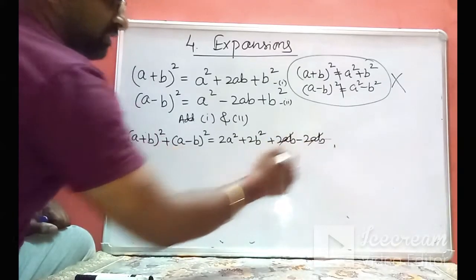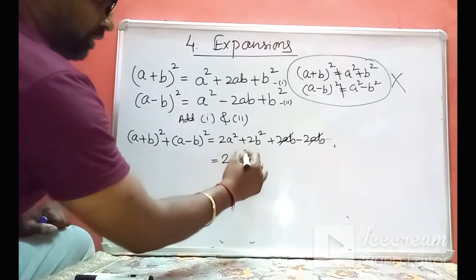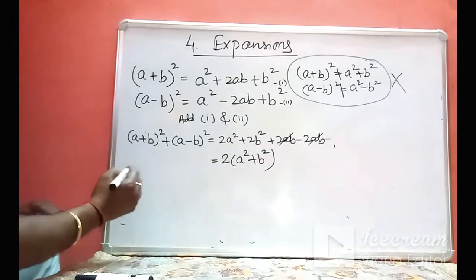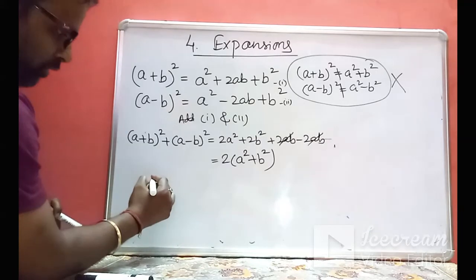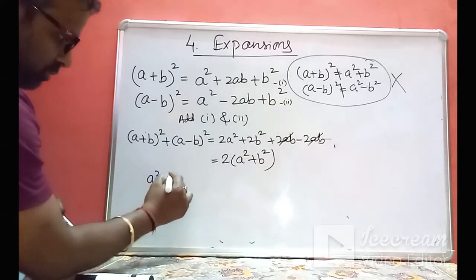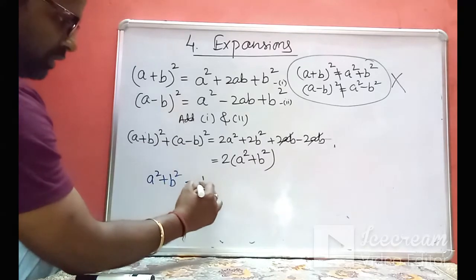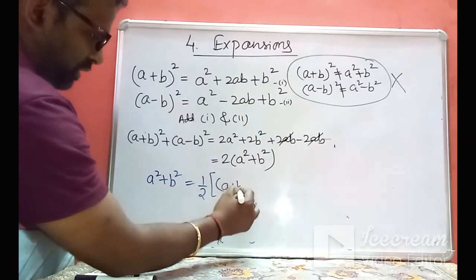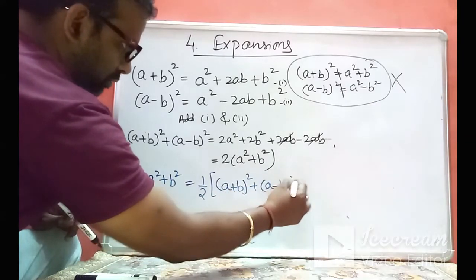So these two will cancel and here I will take 2 as common. So it becomes a square plus b square. Finally I can write the value of a square plus b square in terms of these two, that is 1 by 2 bracket (a + b) whole square plus (a - b) whole square.